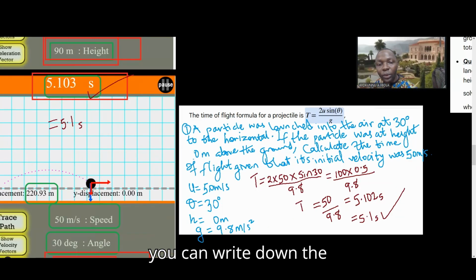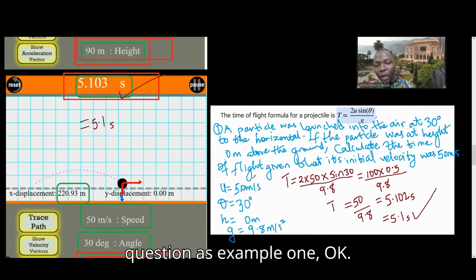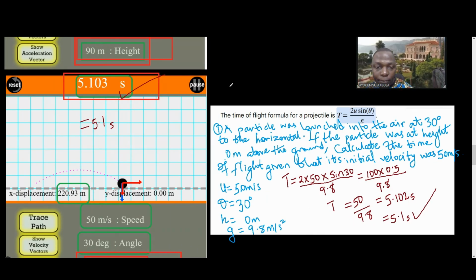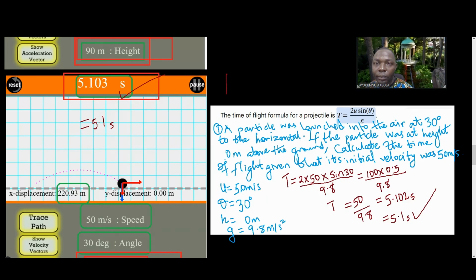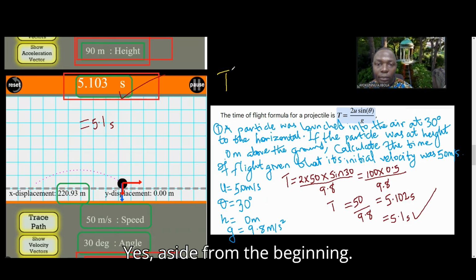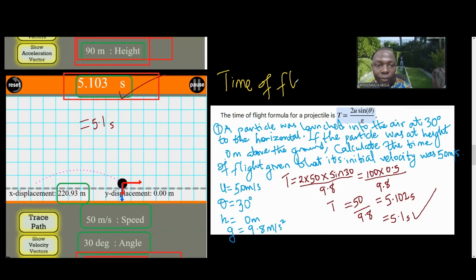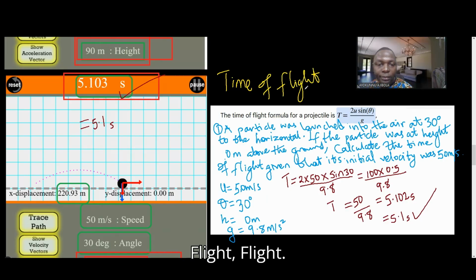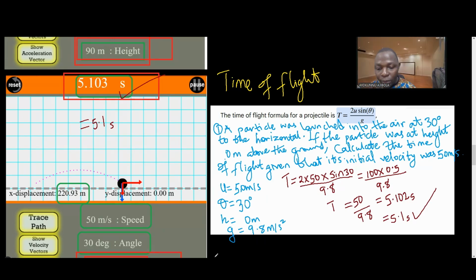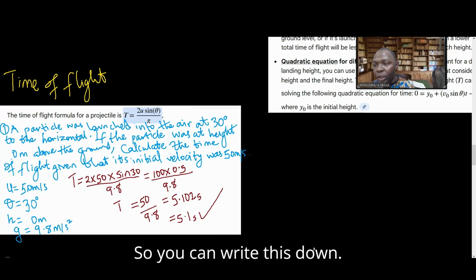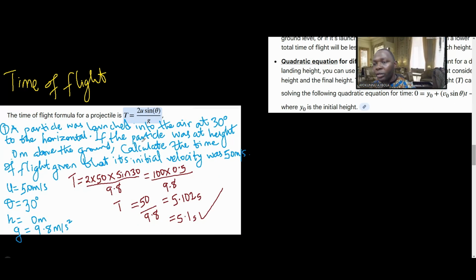Now write down the question as example 1, from the beginning: time of flight.